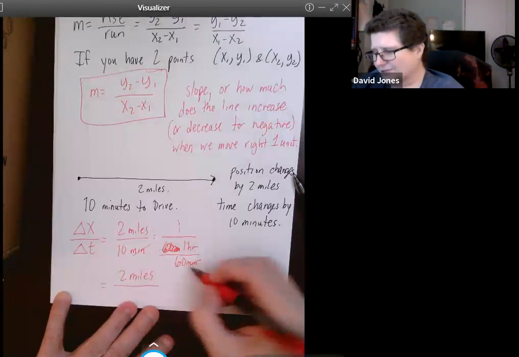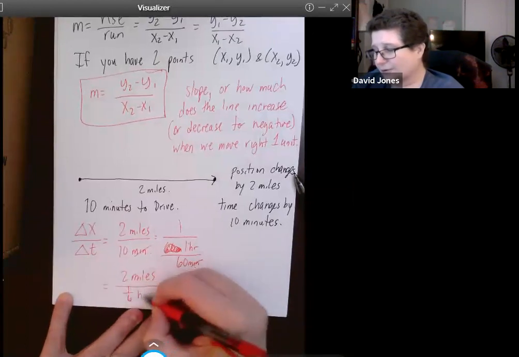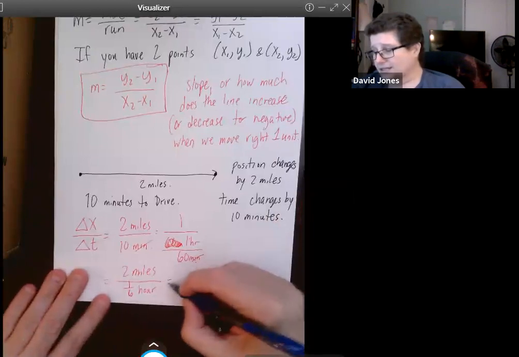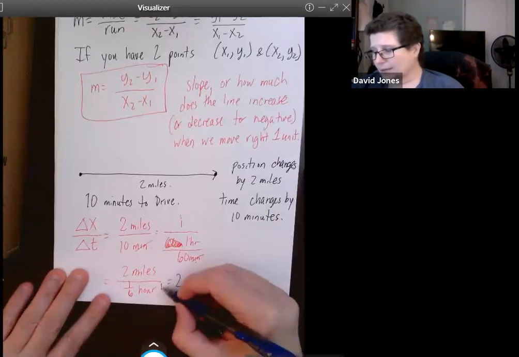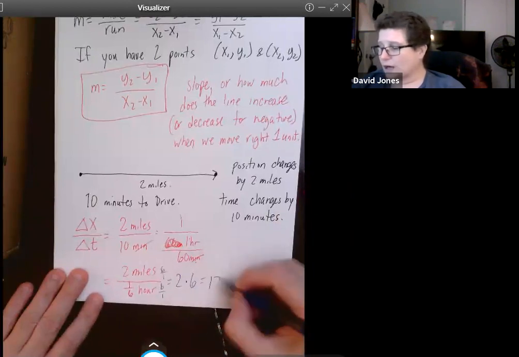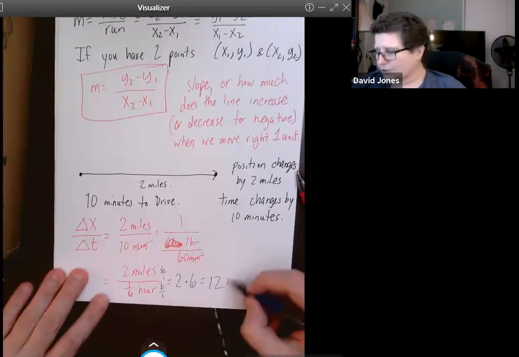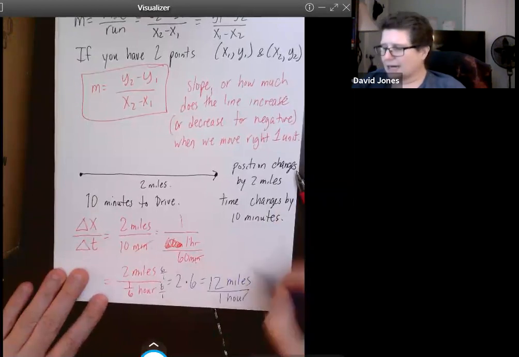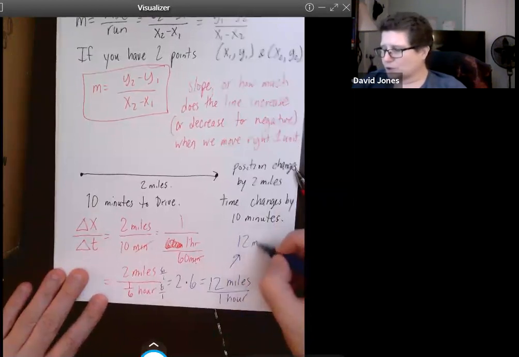I've got 10 over 60 is 1/6 of an hour. We do a little bit of math. This is 2 times, we multiply by the reciprocal on top and bottom. 2 times 6 is 12, and I've got miles over 1 hour. 12 miles over 1 hour, that's 12 miles per hour.